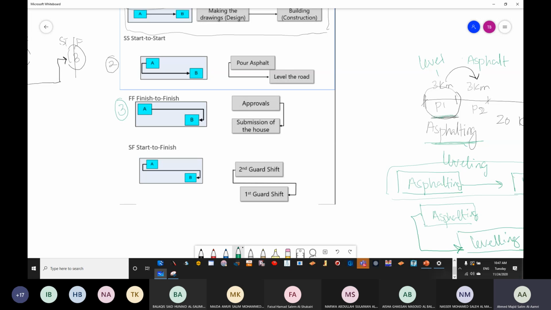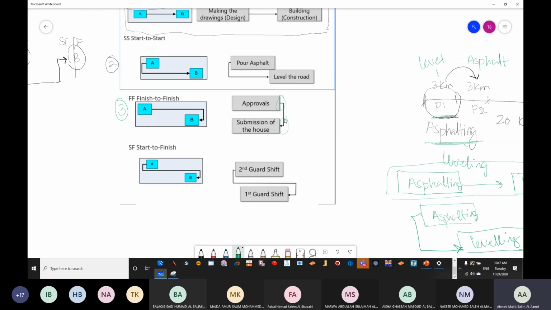An example: I need to finish approvals to finish the submission of the house. Now, for me as a contractor, I can ask the person to receive his house, even if not everything has finished in terms of approvals. He can receive the keys of his house, even if not the full approvals has finished.